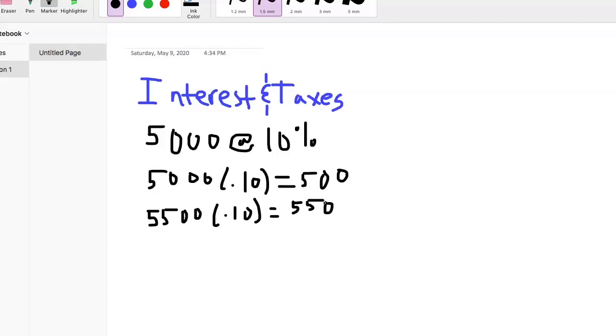So because of that, I'm going to end up with a different total, right? So now I started with 5,000, and 500 plus 550 is 1,050, right?